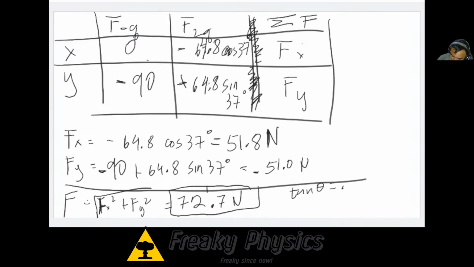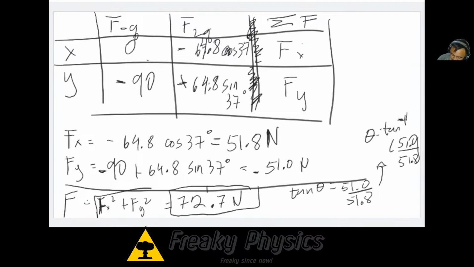So it's gonna be 51.0 over 51.8. And that's gonna give us an angle equals tangent inverse of 51.0 over 51.8.